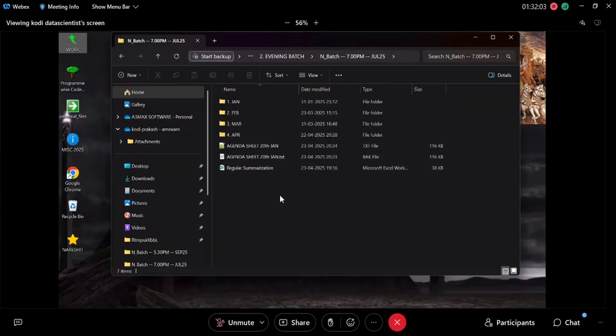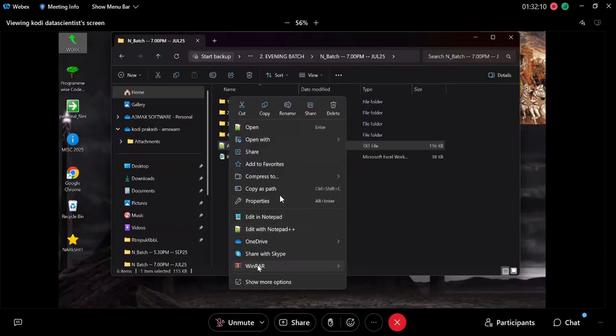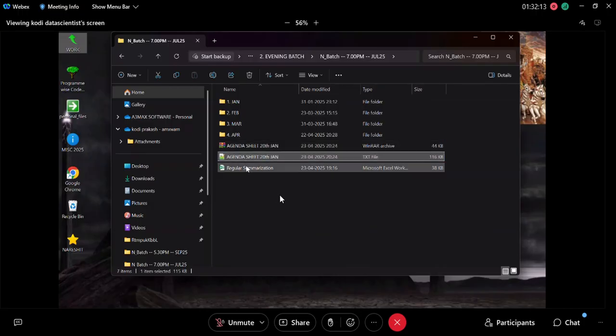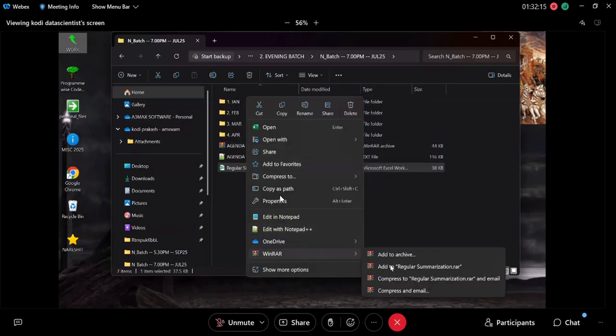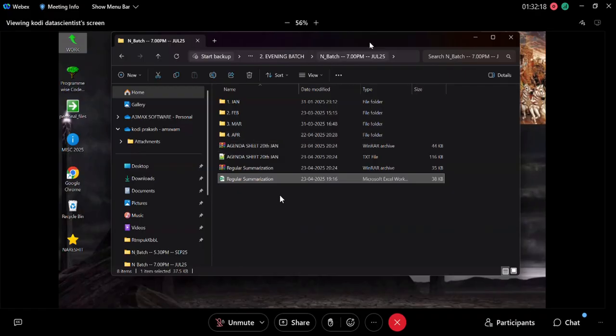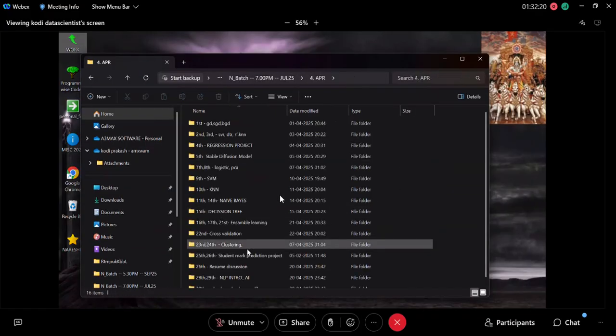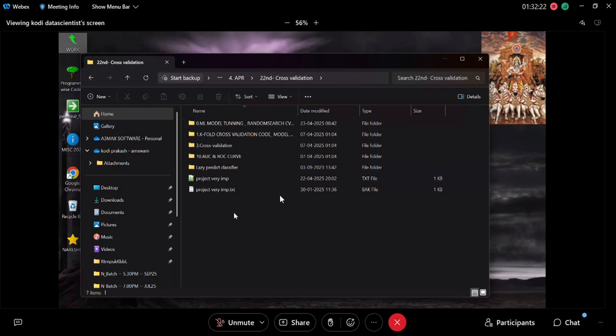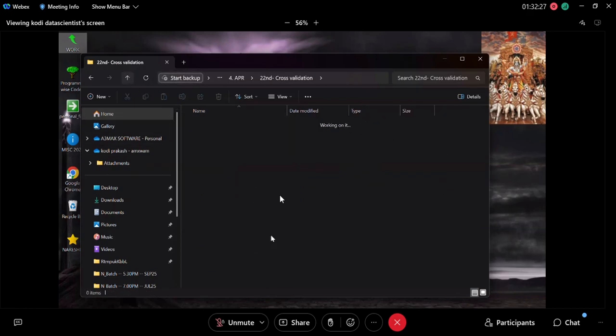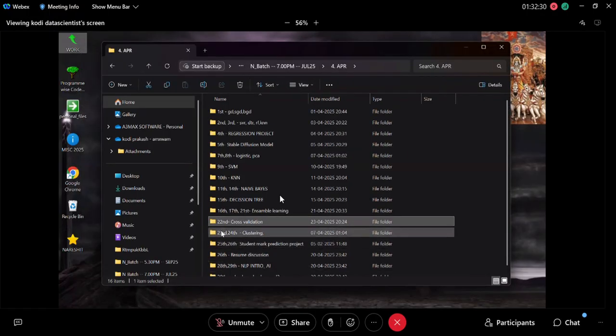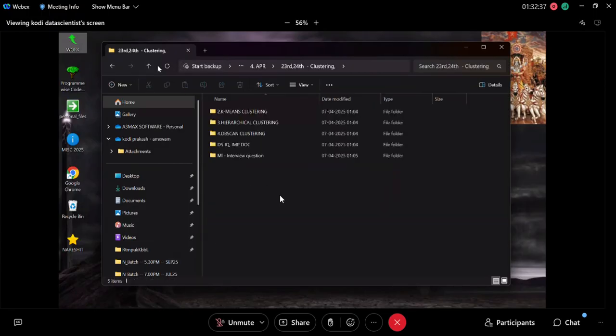Let me share. Cross validations, right? So this one, okay, I will share it. I think I didn't share yesterday. Did I share this yesterday? 23 clusters I will share later, tomorrow.